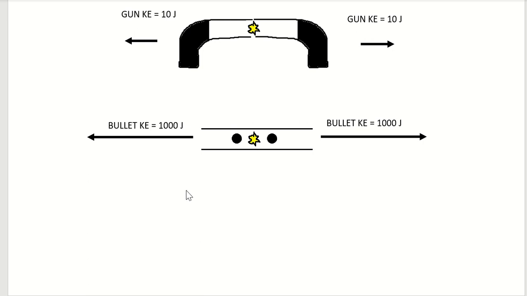And I guess your understanding here is that since the gun in the first scenario gained only 10 joules of kinetic energy, now both of these guns would gain 10 joules or 20 joules in total. And the bullets here would gain 2000 joules of kinetic energy in total, even though the explosion was the same. So obviously there seems to be some kind of contradiction.